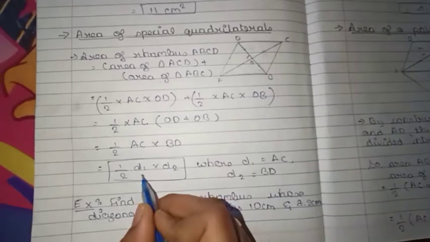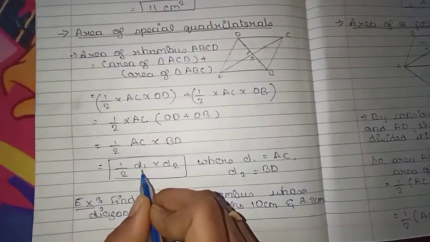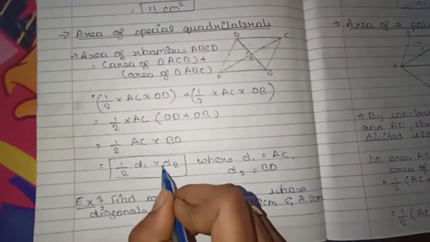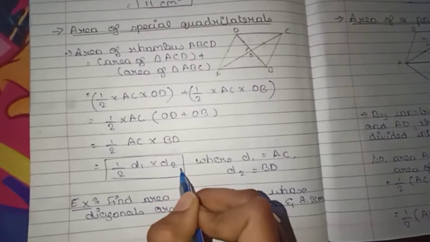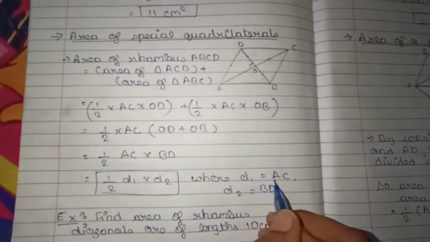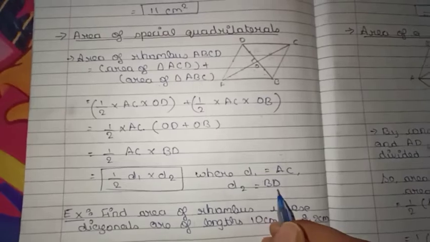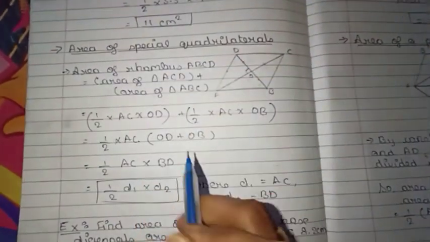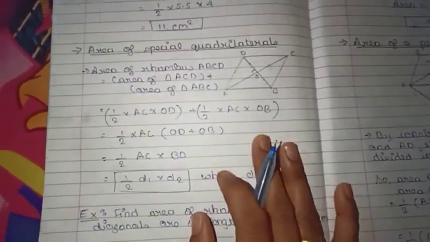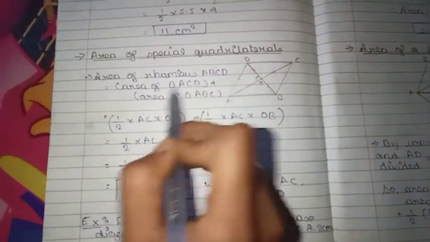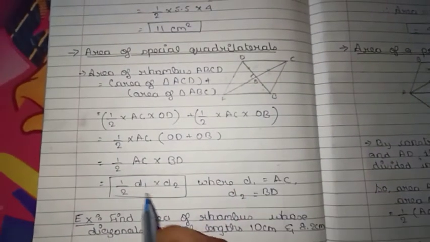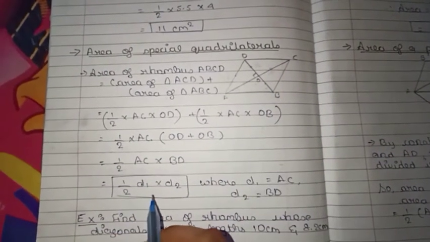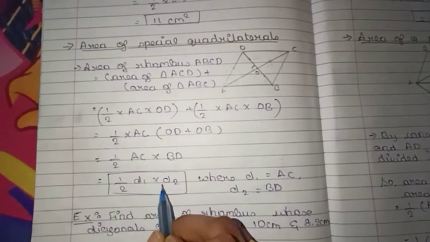So I can write it as half multiplied by D1, diagonal 1, multiplied by D2, diagonal 2, where D1 is equal to AC and D2 is equal to BD. So the area of a rhombus can be found by this formula: half into the multiplication of the two diagonals.